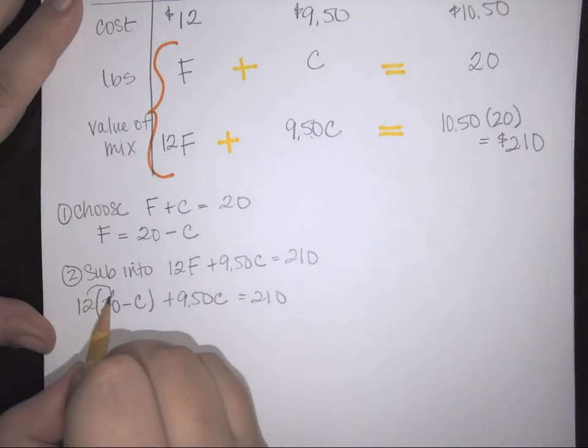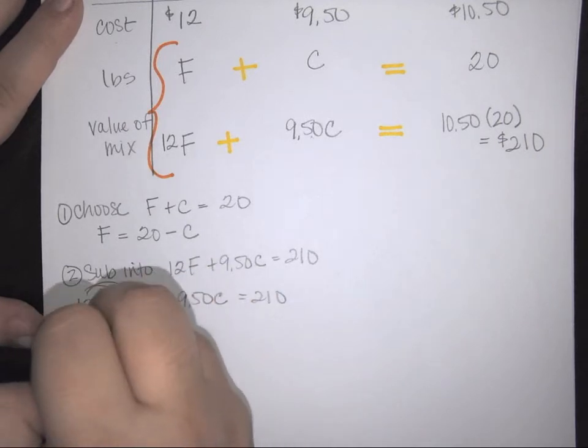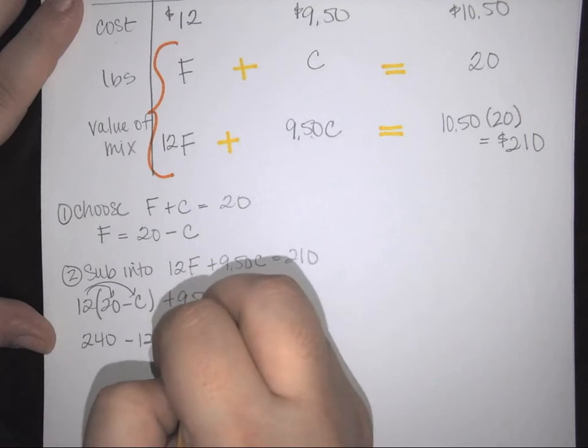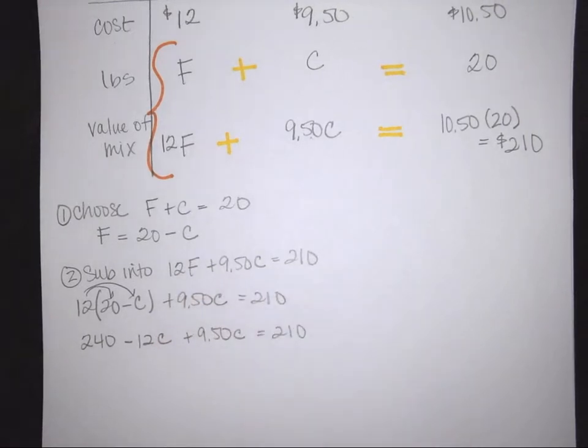Alright, so just like before, we need to distribute. So we get 240 minus 12C plus 9.50C equals 210. So we're going to take 210 minus the 240, and that's going to give us negative 30, and then I have the negative 12 plus 9.50.